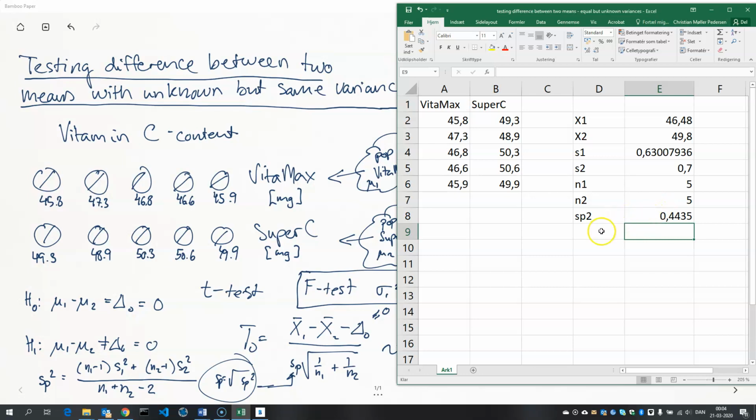So that's the pooled variance, and the pooled standard deviation is then the square root, SQRT, of the pooled variance.